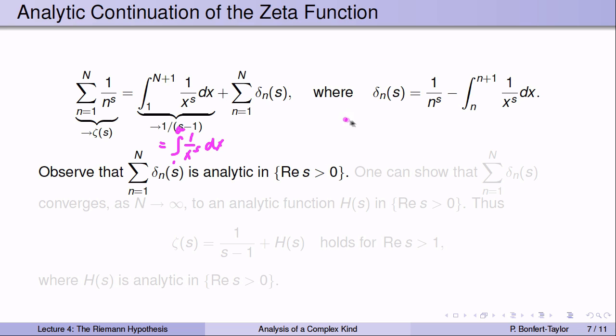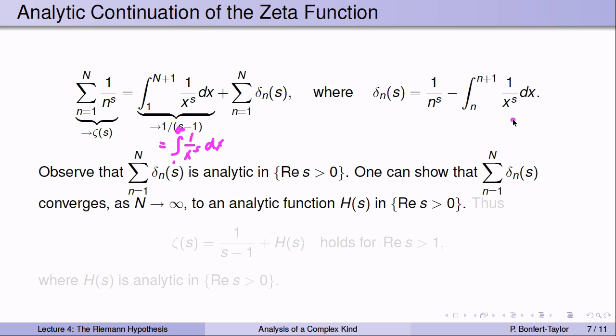So one can actually see that that is an analytic function, and one can moreover show that the sum of all these delta n of s, because we're only talking about little pieces of area, converges as N goes to infinity to an analytic function h of s. So this goes to an analytic function h of s, and that is true in real part of s greater than 0.